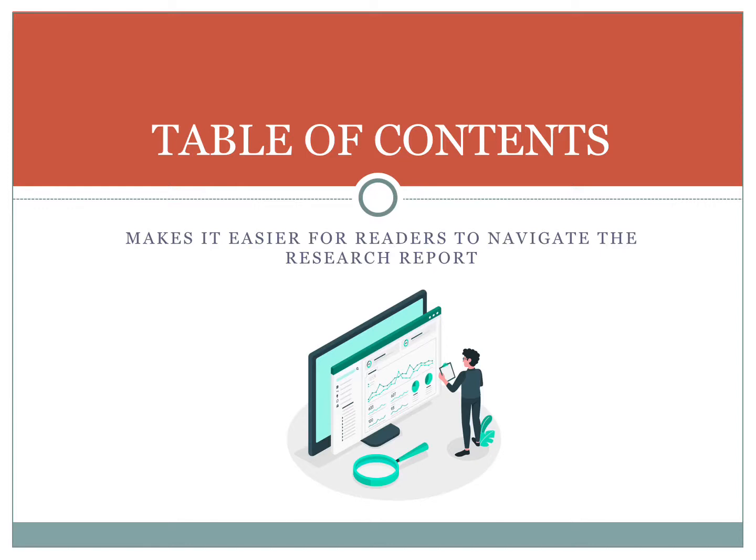So basically, the table of contents helps the readers to navigate through the report, that is, go through the report. They could also go to the most relevant part of it for themselves if they don't want to read the entire report.